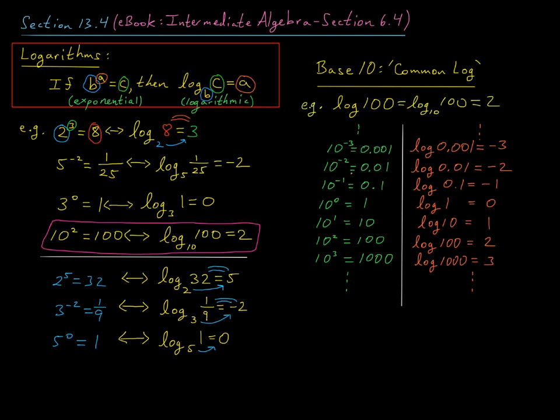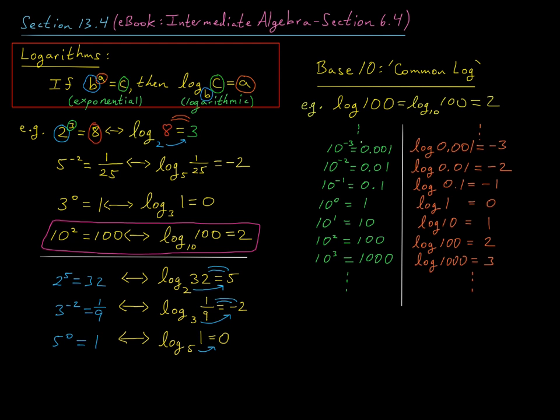Okay, and here's some more examples just to illustrate. So on the left I have just powers of 10. So 10 to the minus third is 1,000th, 10 to the minus second is 100th, 10 to the minus first is 1/10th, and then 1, 10, 100, 1,000, so on and so forth. And over here are the corresponding logarithm statements.